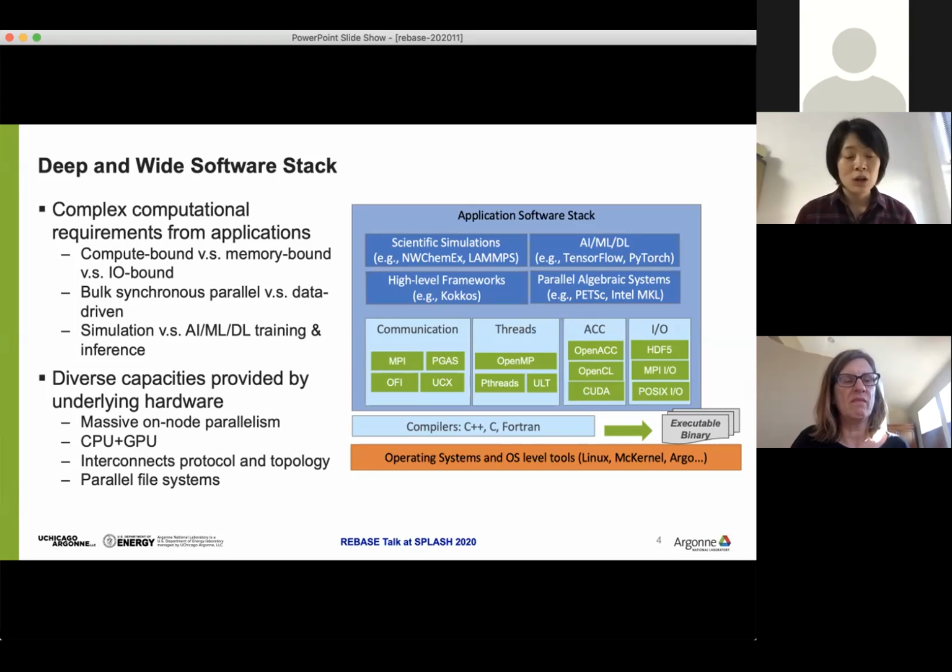On the other hand, we have so many different kinds of hardware in supercomputers now. For example, we have the off-node communication libraries that address data transfer across interconnects. And now that we have CPU plus GPU, and in the near future, I know some supercomputers already have FPGAs in their systems, we will have both the thread system running on the CPU as well as accelerator libraries designed for the accelerators.